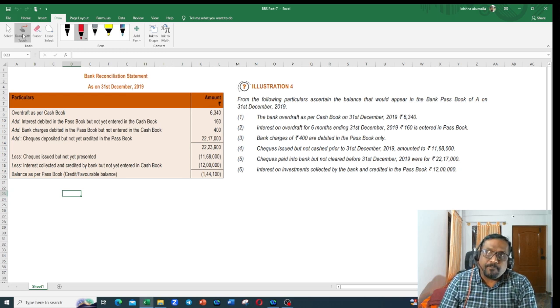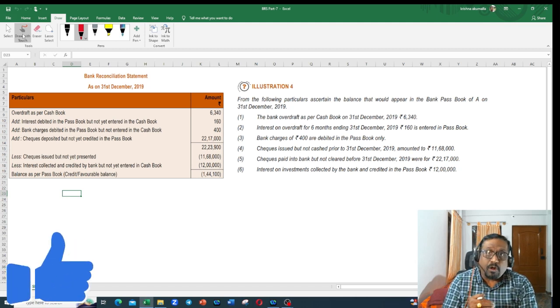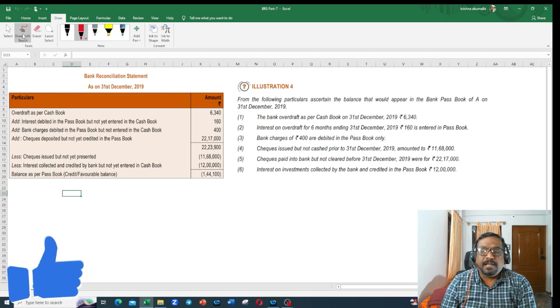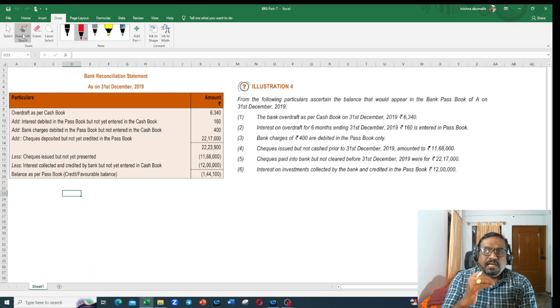If the banker allows you to withdraw over and above the balance you have in the bank, for example more than 10,000 rupees, that is an overdraft balance. That means the banker is allowing us to draw over and above our balance.